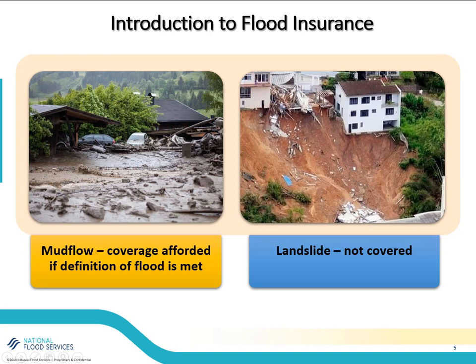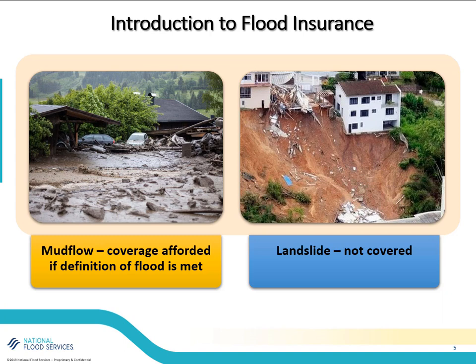The definition of a flood also makes the distinction between mud flow versus landslide. A mud flow has more water mixed with soil and has the consistency of a chocolate shake. Mud flow is covered in the definition of a flood. A landslide has more soil than it does water, or the consistency of a piece of crumpled chocolate cake.